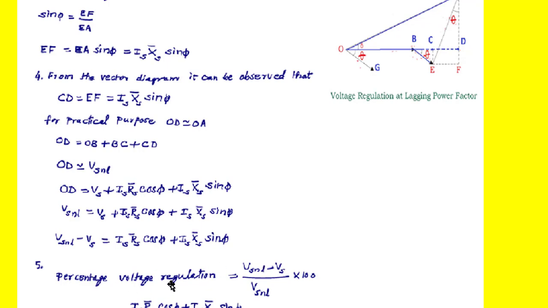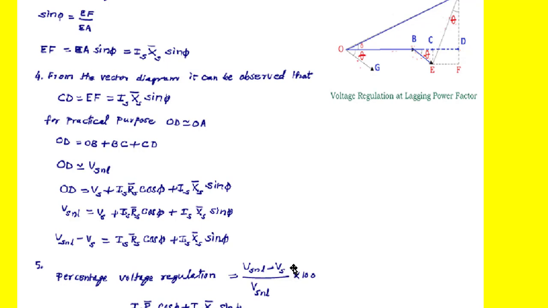So once we know the definition of the percentage voltage regulation. Voltage regulation definition is no load terminal voltage minus load terminal voltage divided by no load terminal voltage. So we have seen what is no load terminal voltage, that is represented by VSNL, which is also equal to induced EMF in the secondary side, that is Es, minus Vs, meaning the actual voltage across the load under loaded condition.